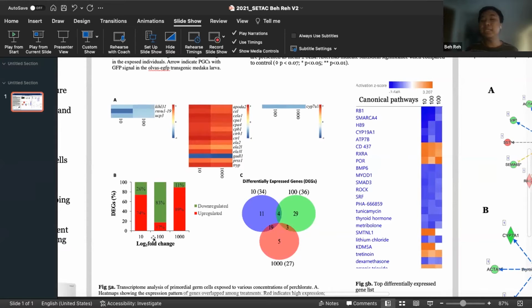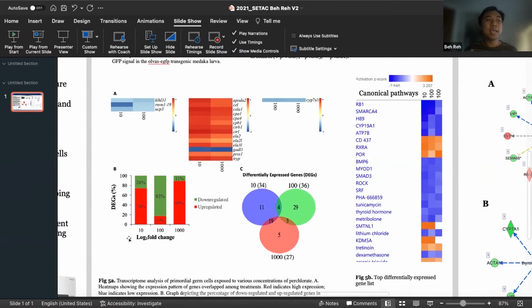But in this case, because perchlorate is an endocrine disruptive chemical, it's very unpredictable in the human body. So we showed that the 10 microgram per liter, the lowest concentration of perchlorate, causes the same effect as the highest concentration.